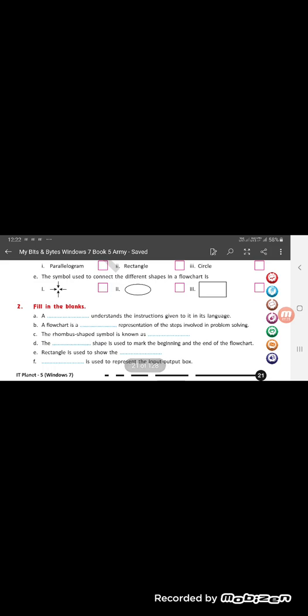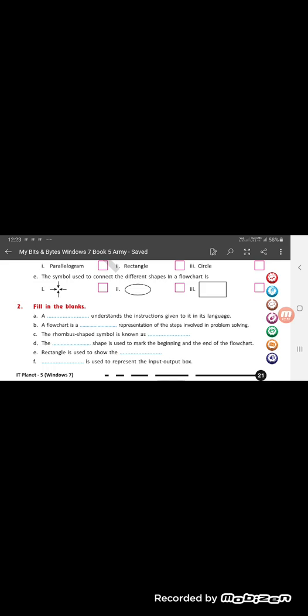Next is fill in the blanks. A computer understands the instructions given to it in its own language. A flowchart is a diagrammatic representation of the steps involved in problem solving. Number 3, the rhombus shaped symbol is known as a decision box.